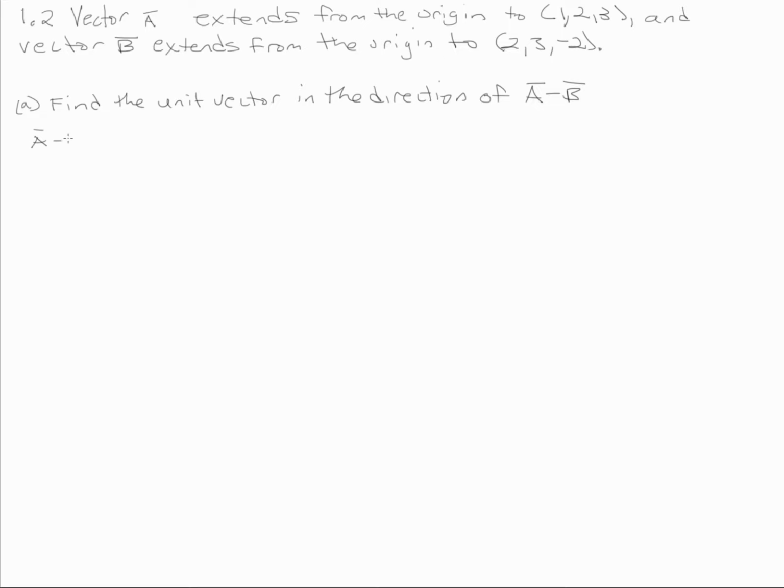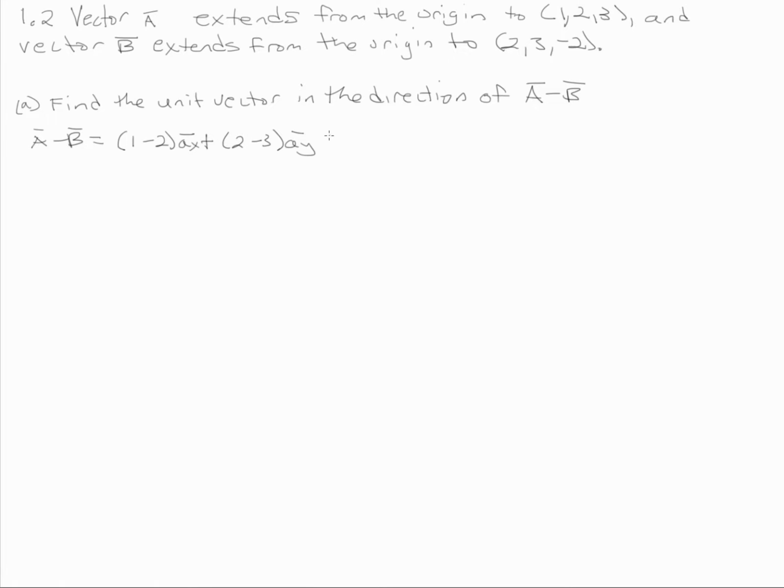So A minus B is going to be equal to, well, we have point A, that's 1, minus point B, which is 2, in the AX direction, plus AY: that's 2 for point A, minus 3.